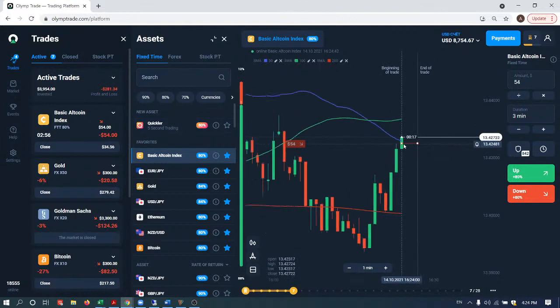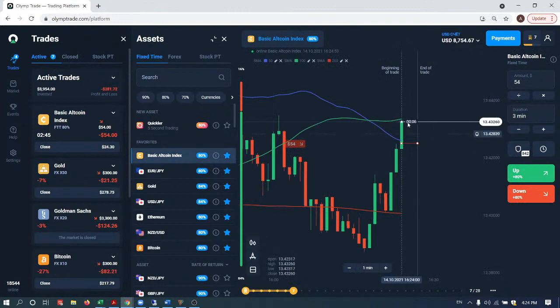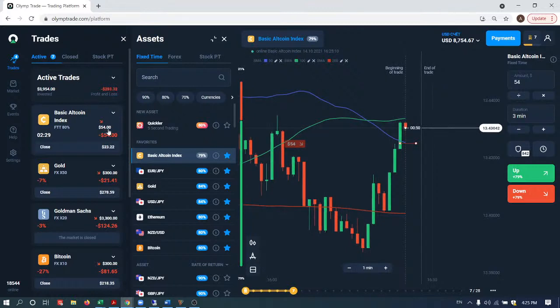And now if this trade turns out profitable, then I can pretty much reinvest once again, and the profit from this trade will be close to $40, and then I can add $40 to this trade amount of $54, and it's going to be roughly $100 per trade.